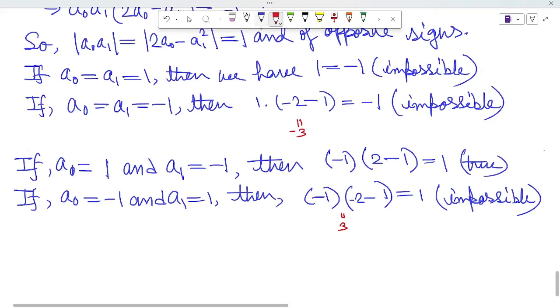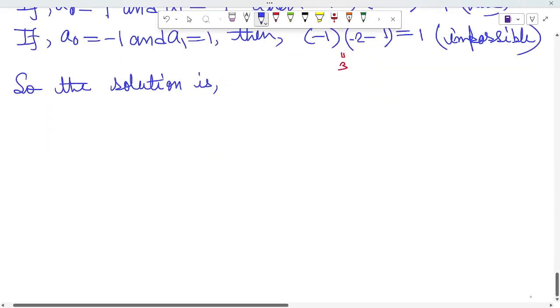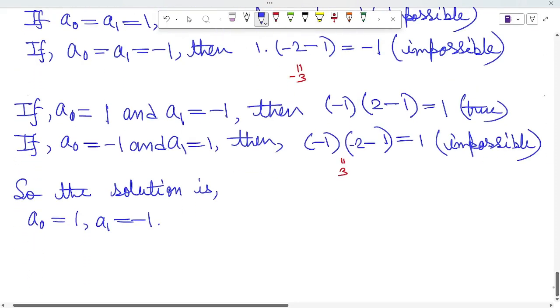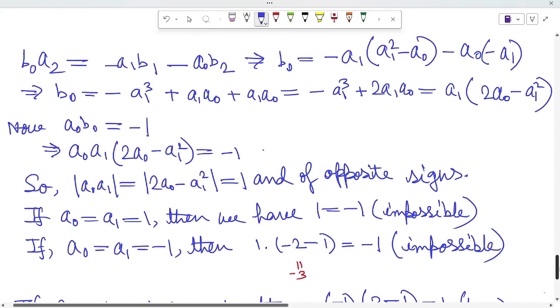So the solution is A0 equal to 1 and A1 equal to minus 1, if I am not mistaken. Yes. And then what are B0 and B1? I have a relation there, so B0 and B1 can be determined in terms of A1 and A0.